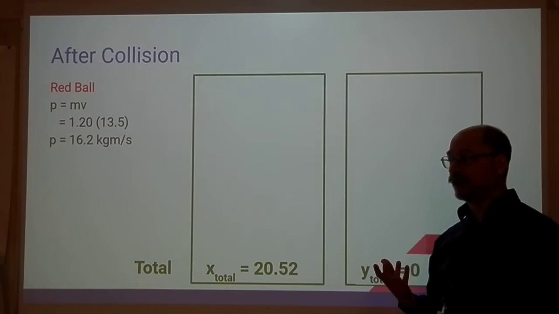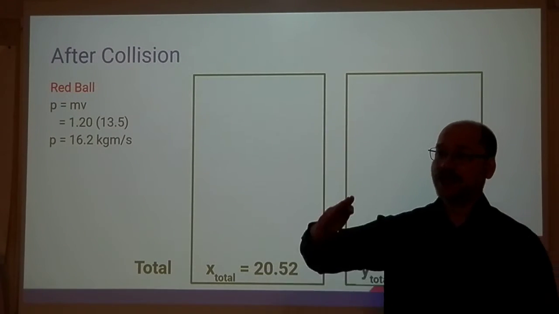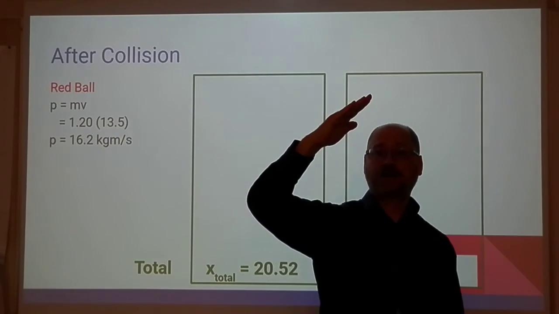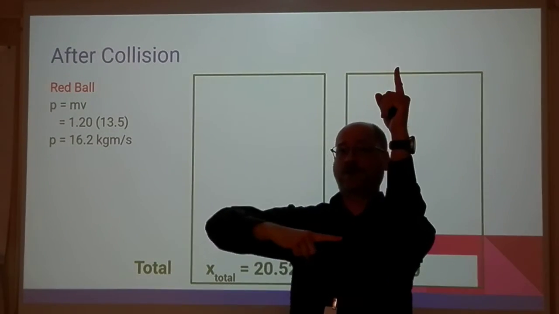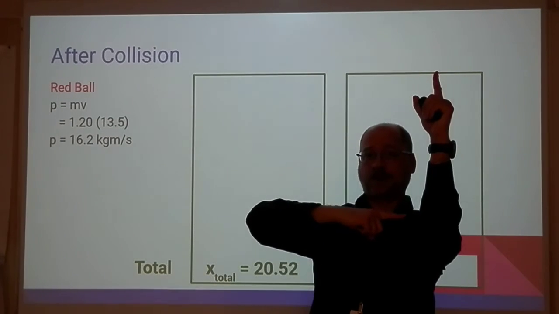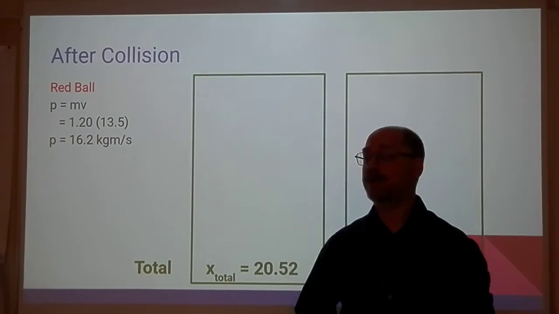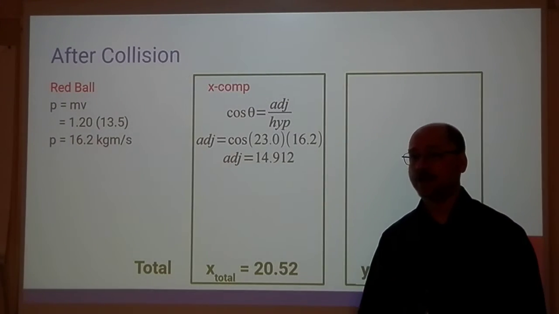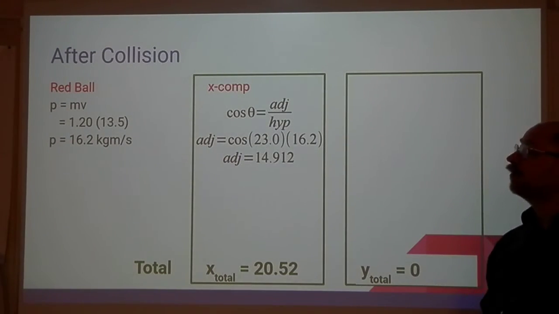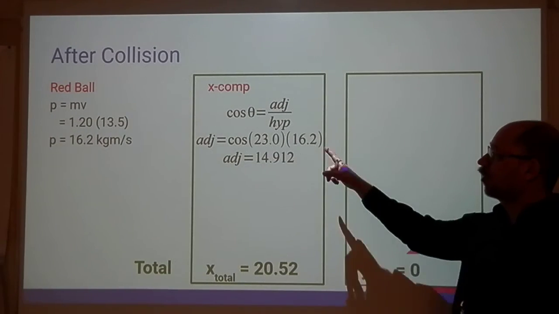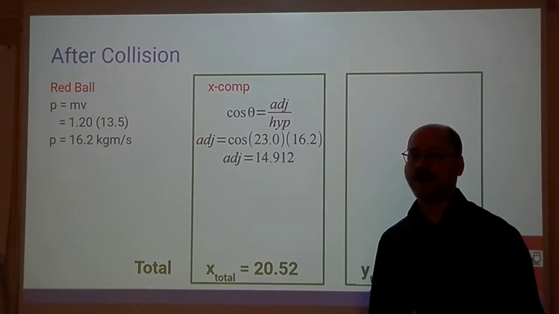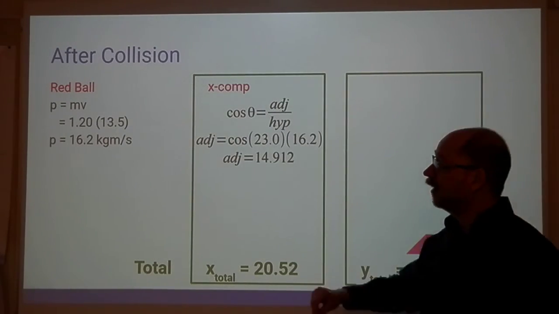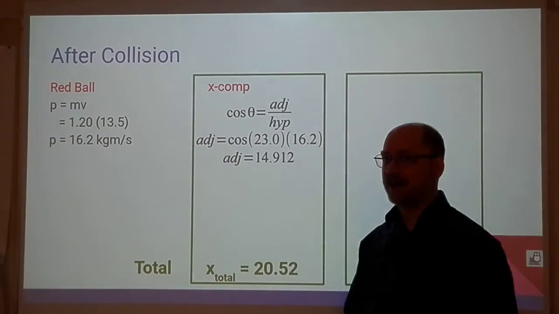I have to draw a regular little triangle that shows if I have the red ball moving with a momentum like this, it'll have two components, one pointing to the right and the other one pointing up. So I need to find those two components. To find the x component, and draw out the little diagram for this and double check yourself on it, cos is going to be the best way of going after it, because the x component is the adjacent side, and this is the hypotenuse.